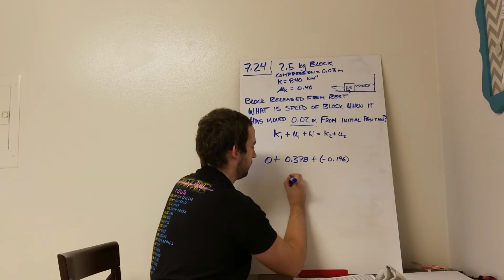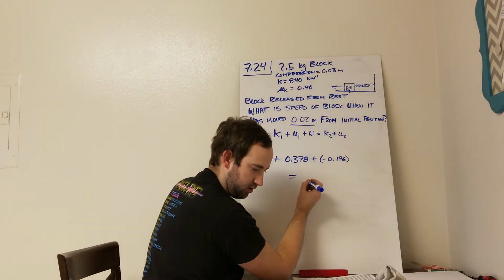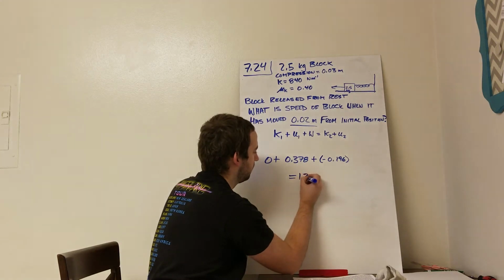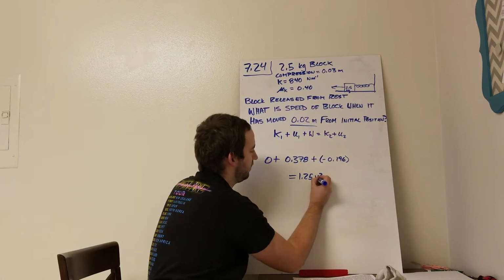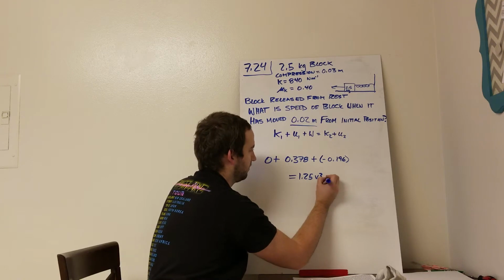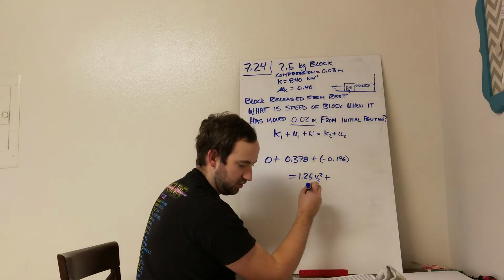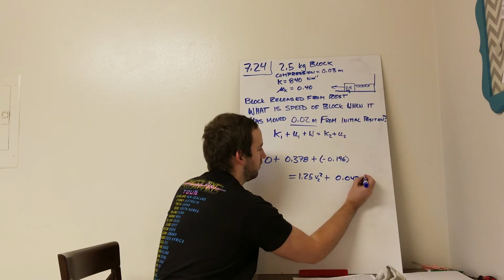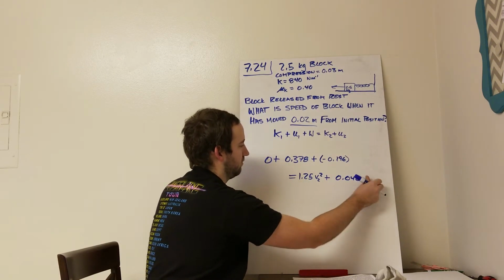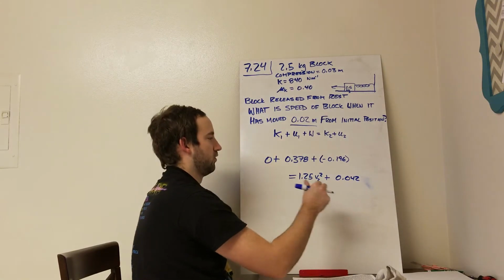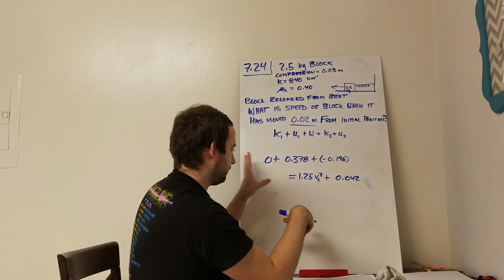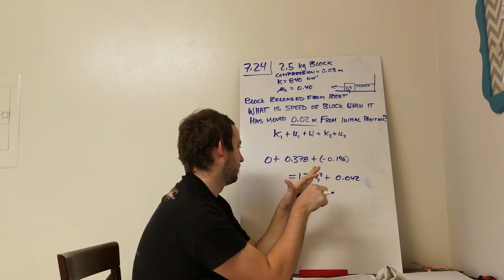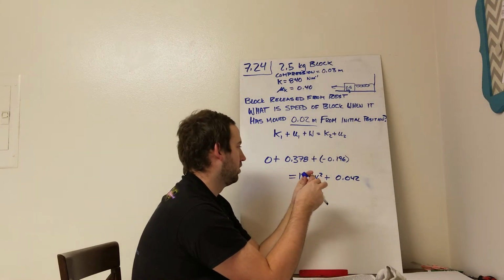And then that equals our final kinetic, which is 1.25 v2 squared, plus our final potential energy, which we found out was 0.042 joules.